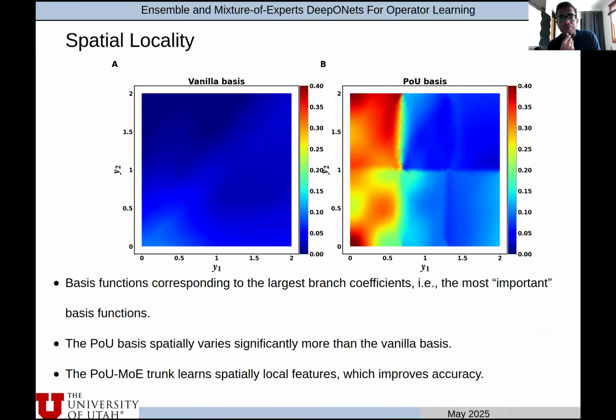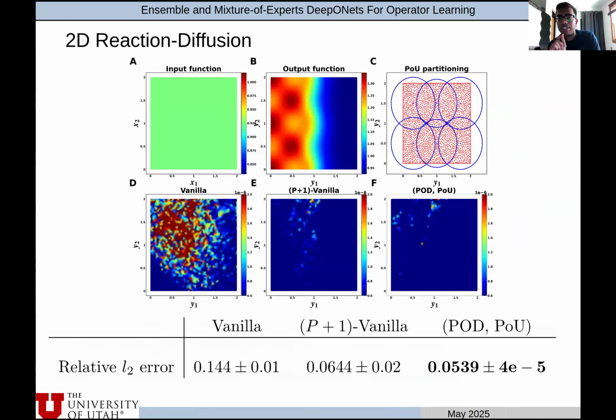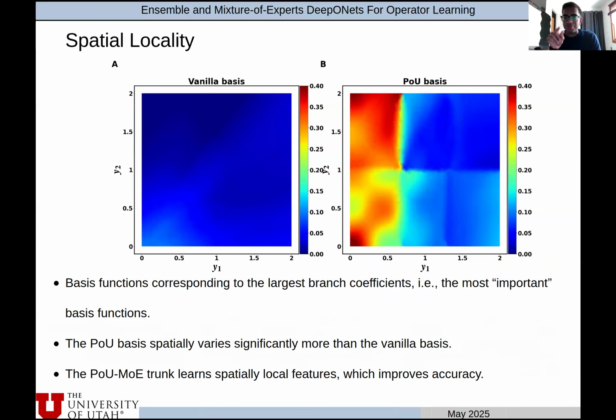What I'm showing here are two basis functions that come from the trunk neural networks. On the left is the most important basis function corresponding to the largest branch coefficient of the vanilla DeepONet. And on the right, we have the most important partition of unity basis function coming from the POD-POU ensemble trunk. And we can clearly see that the patch placement strategy that we employed in this problem corresponds to the basis functions that it learned.